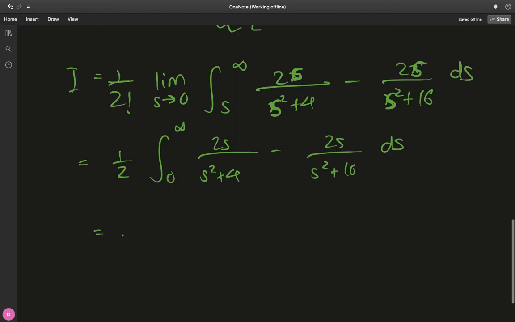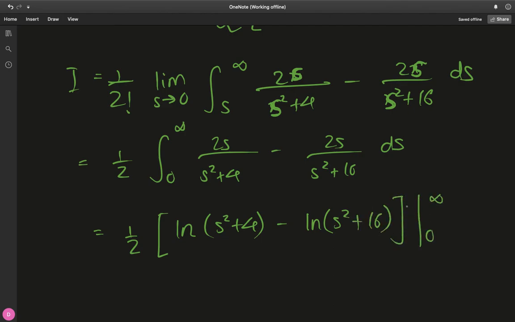Integrating this is easy. We have a natural log basically. So half of natural log of s squared plus 4 minus natural log of s squared plus 16 evaluated from 0 to infinity.